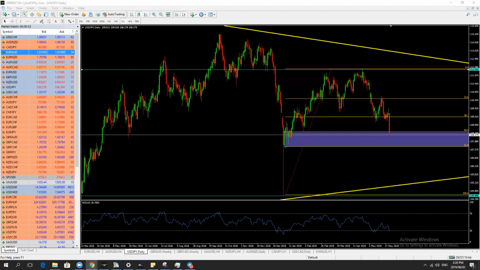I'm seeing that. And using the Fib retracement tool, remove that tool. Oh, you can't see it actually, sorry.